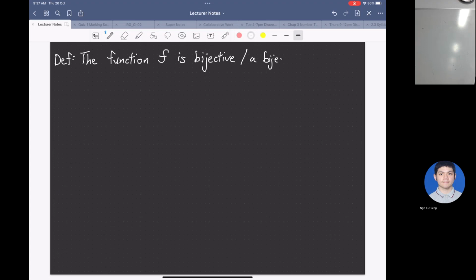Bijection is the noun, bijective is the adjective. And a one-to-one correspondence is both one-to-one and onto.